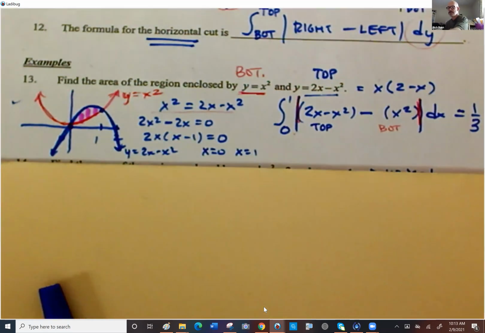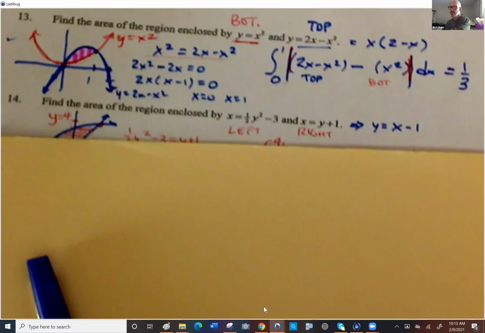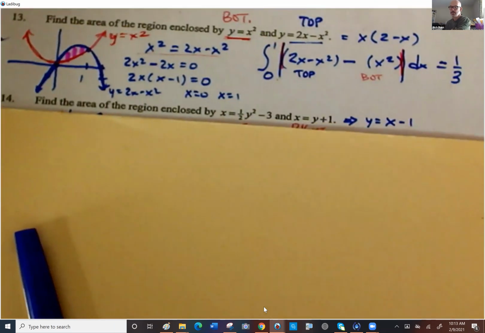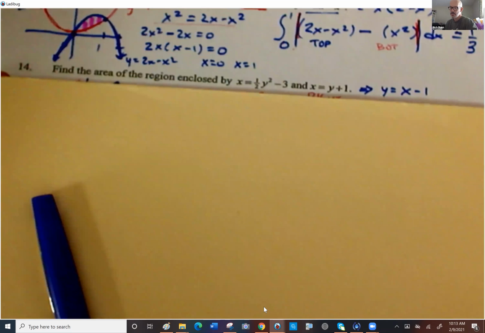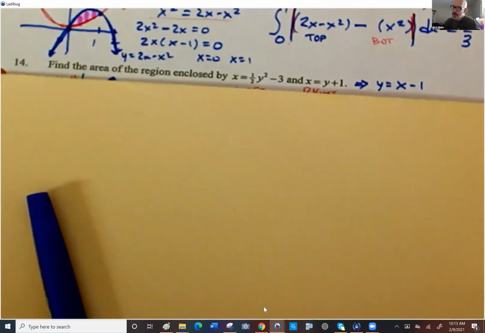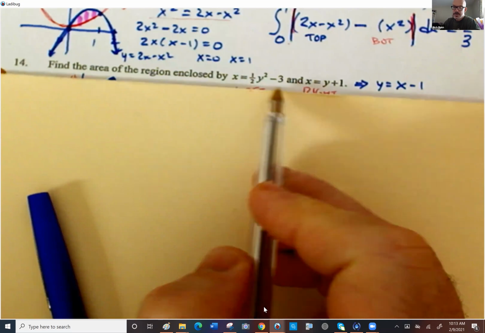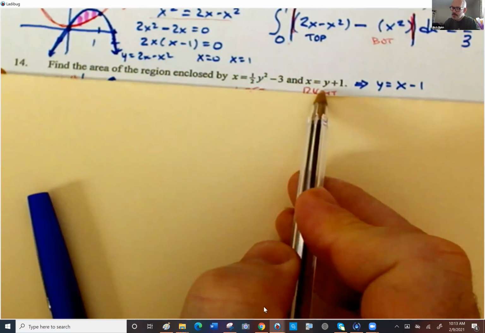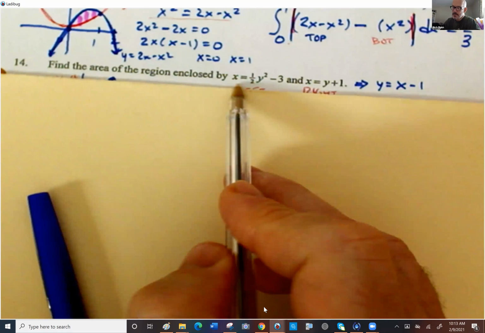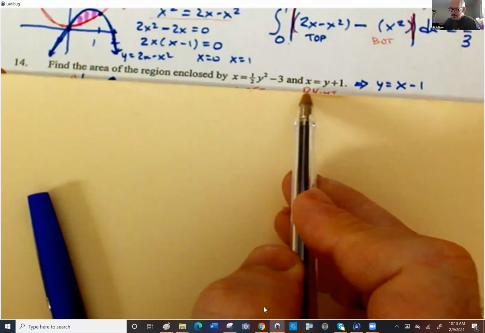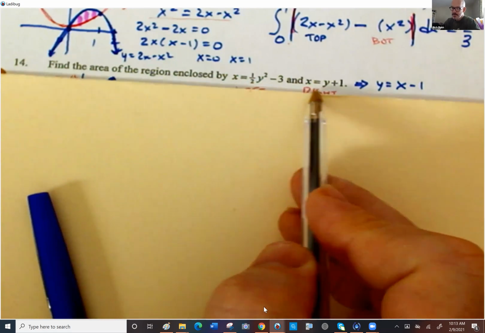Let's take a look at our next example. In this one, we have two curves that we're going to find the area bounded by. Both of these are written like an inverse function. This one's pretty easy to manipulate so we can graph.